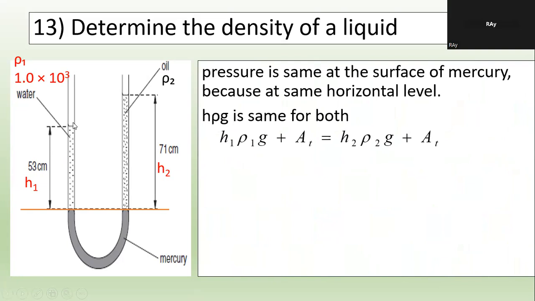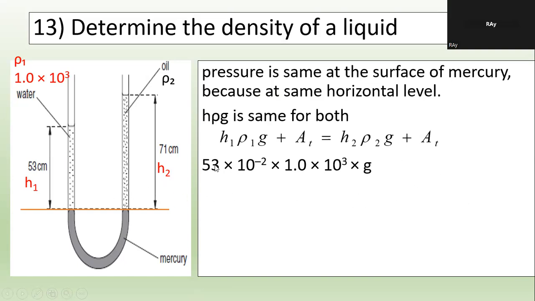On the left-hand limb is H1 rho 1 G plus atmospheric pressure, that's the air column there. And on the right-hand limb is H2 rho 2 G plus the atmospheric pressure, the air column there. Then we put in our values. H1 is 53 cm.